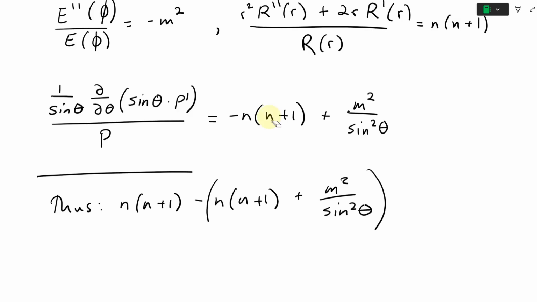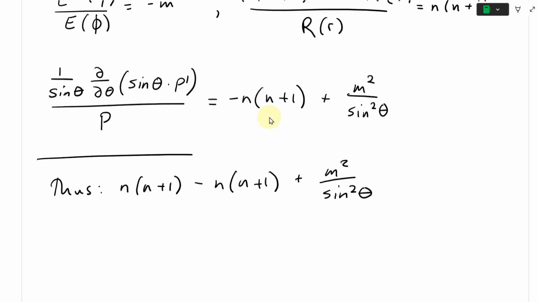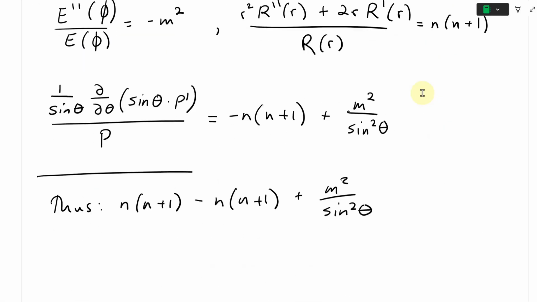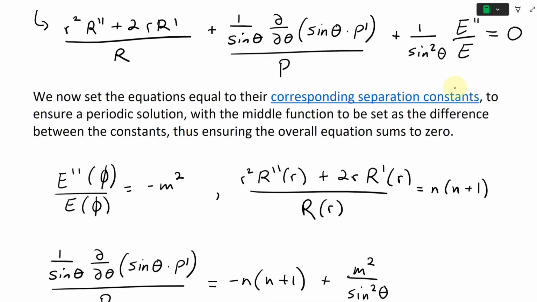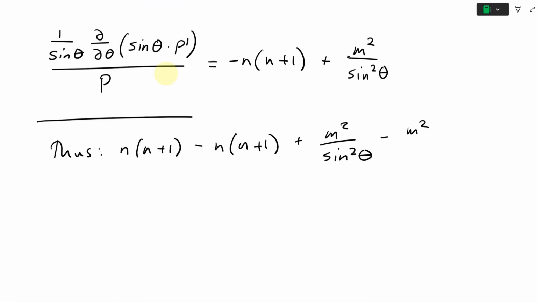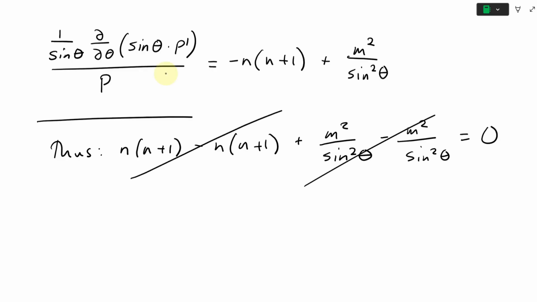And then the last one is just this part right here, 1 over sine squared, and it will be minus, because this one is going to be negative m squared, so negative m squared over sine squared. So it equals 0. So again, these cancel, and that's the whole idea of it.